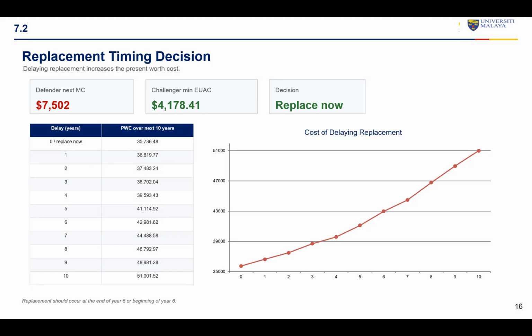The present worth check also confirmed this. Replacing now gives the lowest present worth cost over the next 10 years. Waiting one or more additional years increases the total cost. Therefore, the DPIS should be replaced immediately, at the end of year 5 or the beginning of year 6.